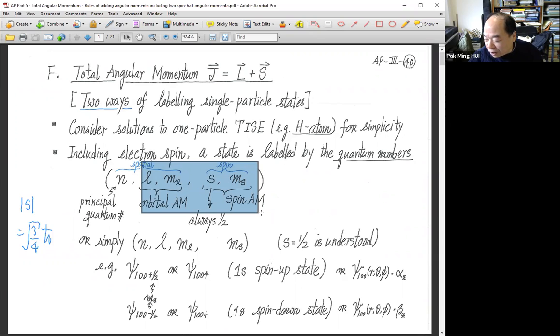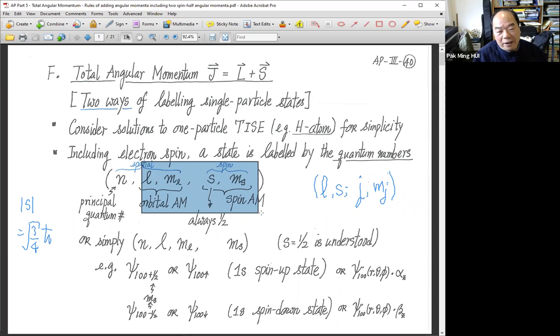We will change this 4 into L, the same thing, S, the same thing, the boring half, and then we will change it to J, the total angular momentum, magnitude, and the Z component.